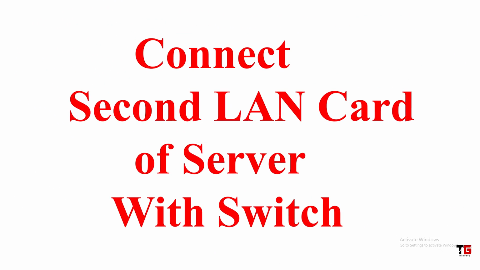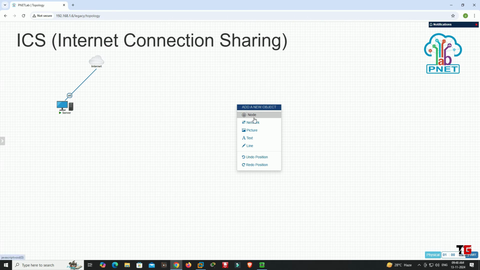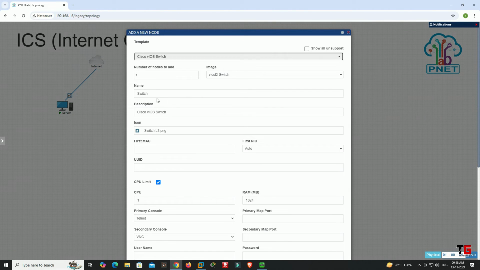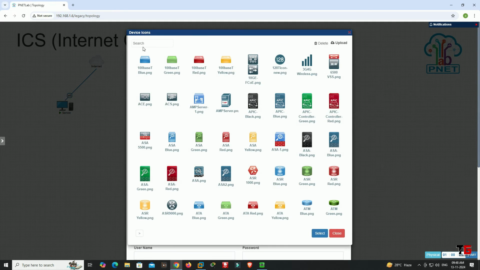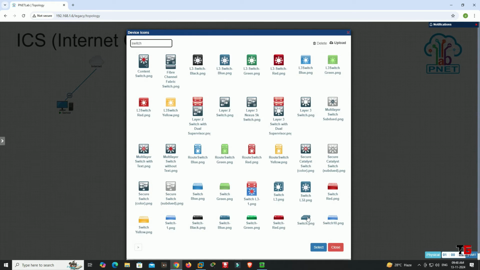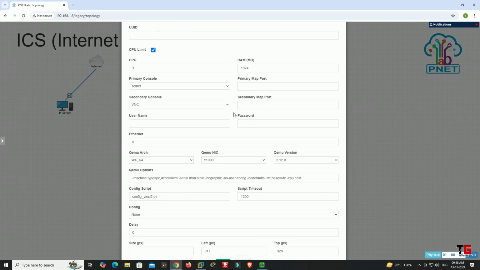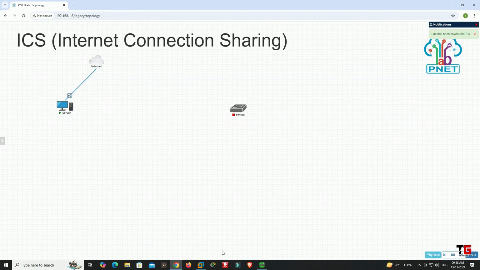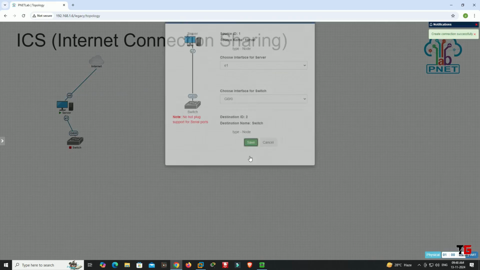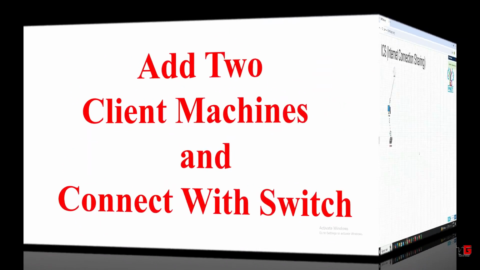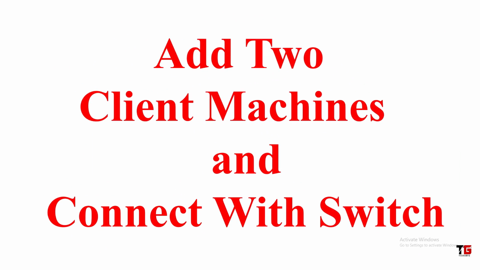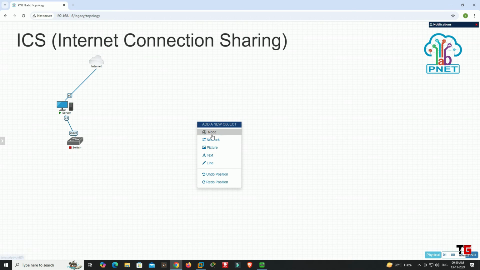Connect the second LAN card of the server to the switch that is connected in the LAN. Add two client machines and connect them to the LAN switch.